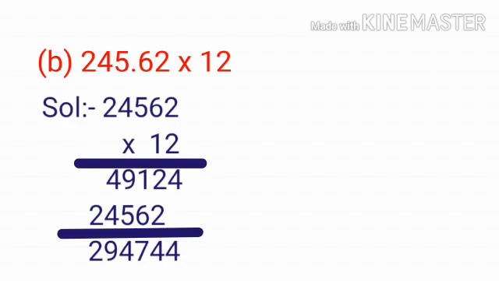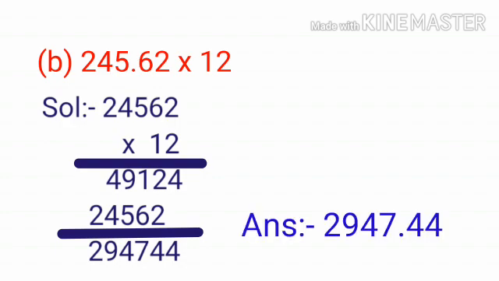Now, in the final answer, we will put the decimal. So, let us check first decimal place. The decimal place is 2. So, after 2 digits from the right side, we will put the decimal point. So, the answer is 2947.44. Write down this in your notebook.